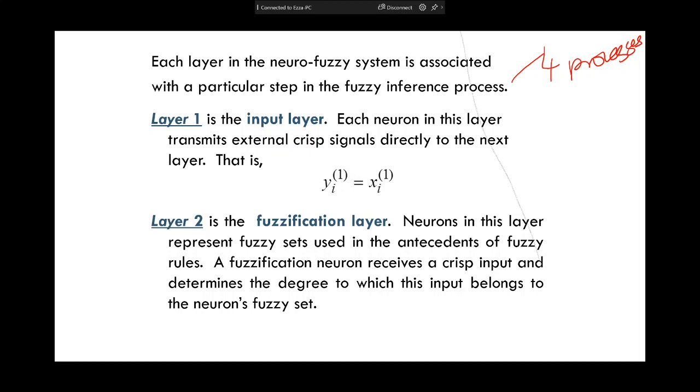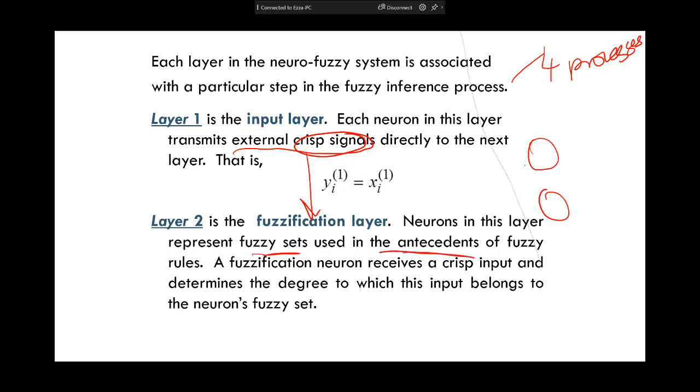So layer 1 is the input layer, where each neuron in this layer will transmit an external crisp signal directly to the next layer, so that this crisp signal will be fuzzified in the second layer here. Layer 2 is the fuzzification layer, where neurons in this layer represent the fuzzy sets used in antecedents.